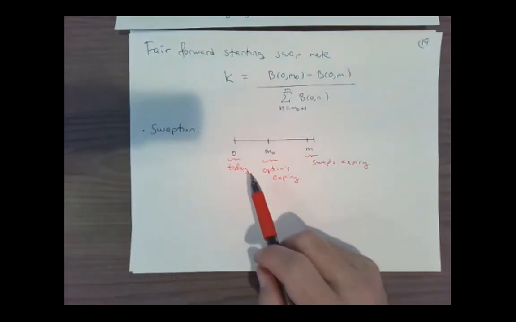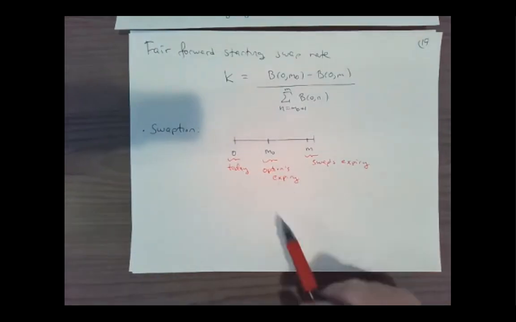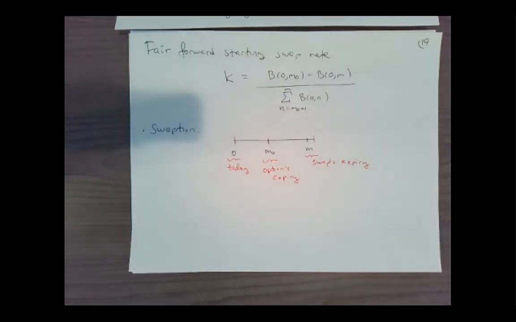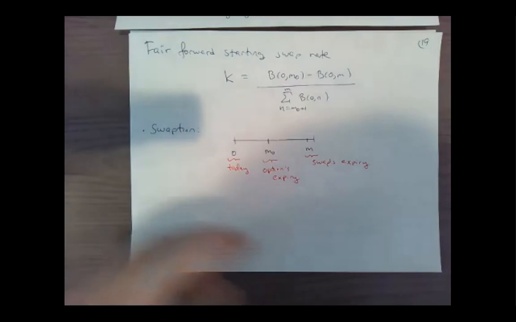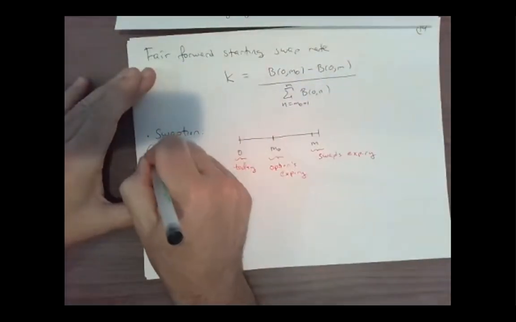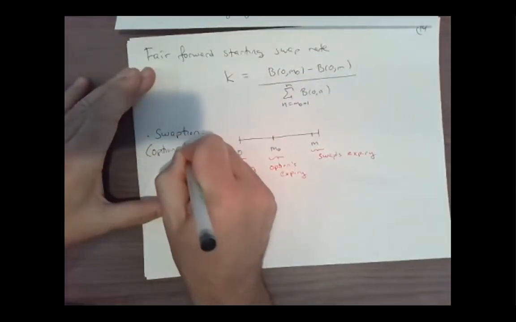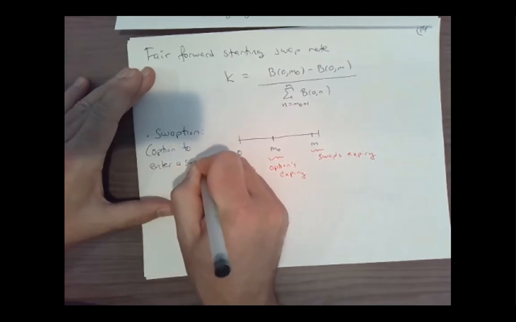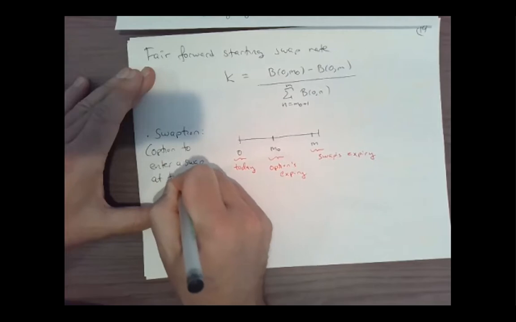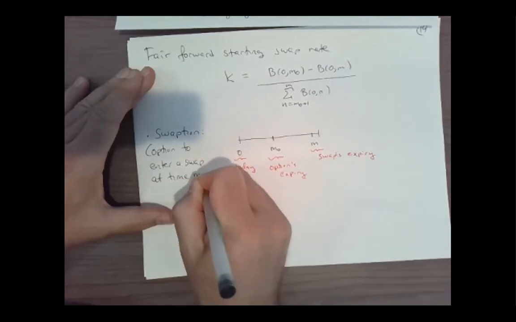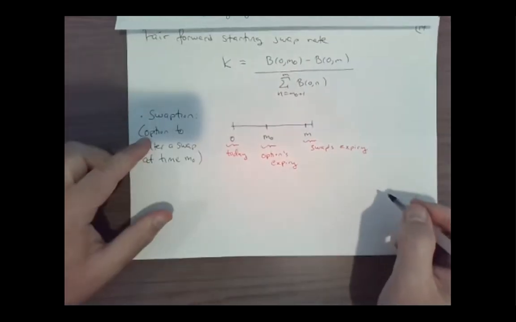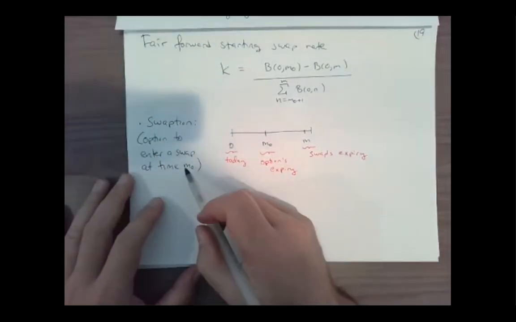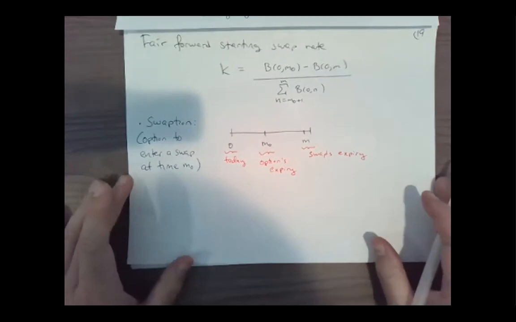This is where we're sitting. This is where the option expires. And this here is where the swap expires. So we're looking at an option on a swap. This is the swaption, an option to enter a swap at time M0. So we have the option to enter a swap at some future point in time. Let's denote that by M0.